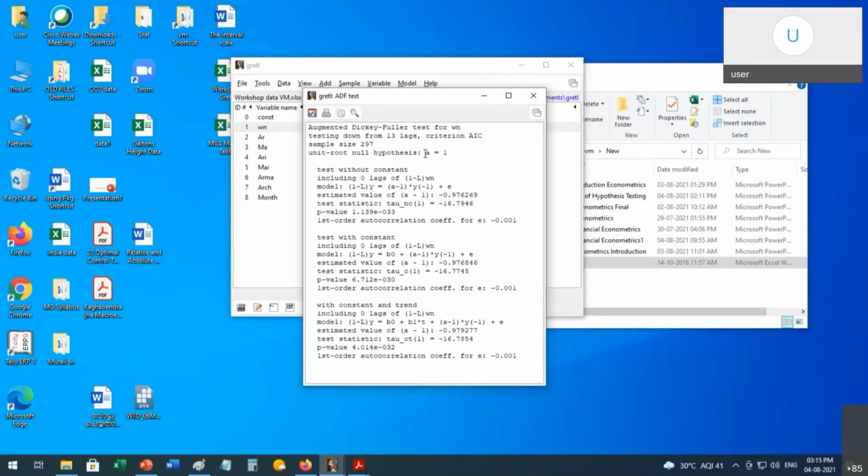Okay, a equals 1 means there is a unit root. a is the coefficient, that particular coefficient, that is the root is equal to 1. So here, what we have to select is the penultimate line in every section. That is the last but one, this p value. So we select this p value. And here also we select this p value. And here also we select this p value.